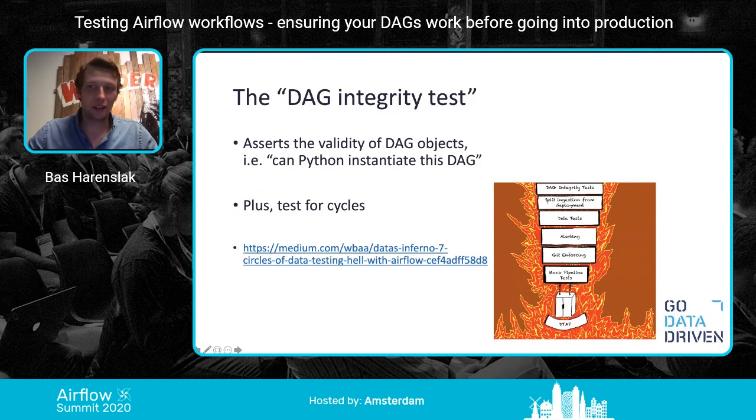It's inspired by a blog post by some guys from ING. The blog post is titled 7 Circles of Data Testing Hell. So if after this talk you're still interested in testing, I strongly suggest to read this blog post that I think is very useful. I will show you layer 1, the DAG integrity test, but this covers a bunch more about testing and Airflow.